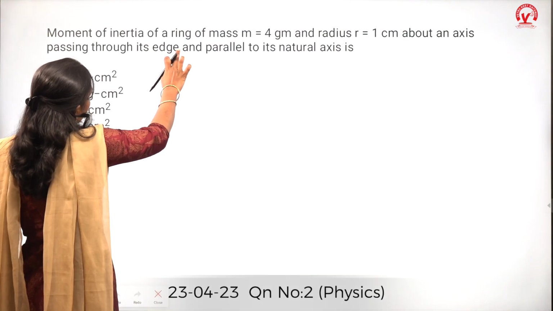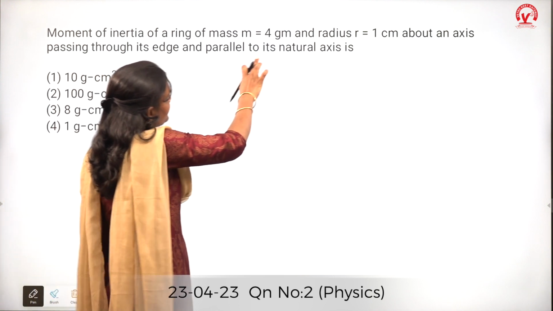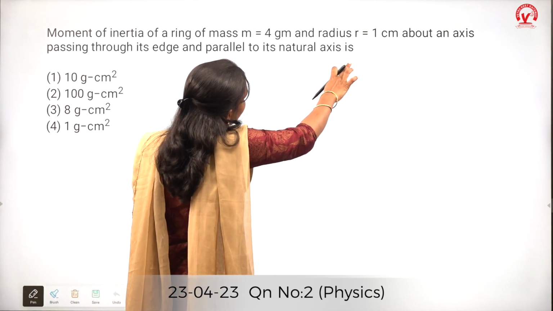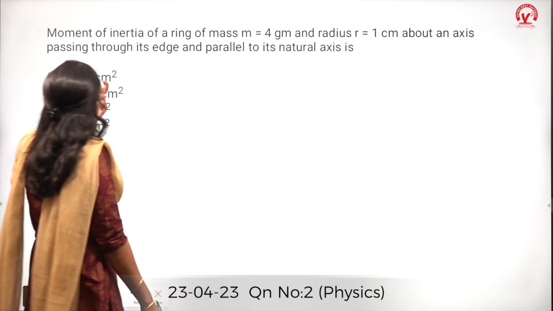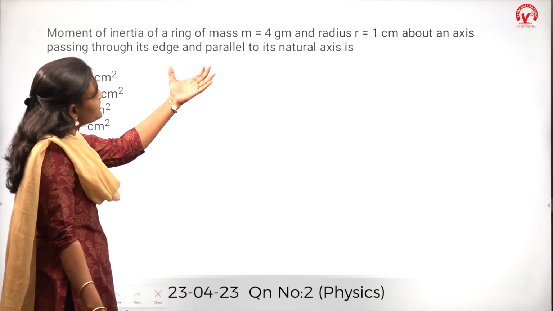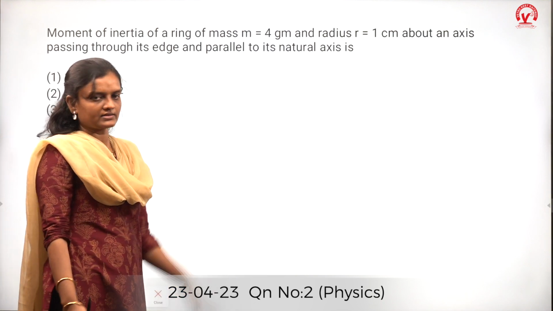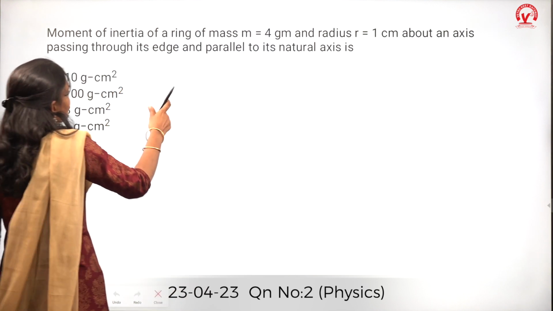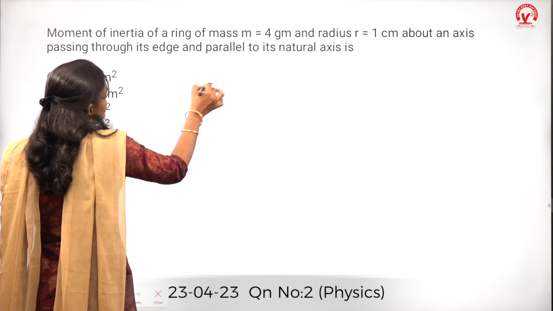Moment of inertia of a ring of mass 4 gram, radius equal to 1 centimeter, about an axis passing through the edge and parallel to the natural axis. Here I am taking this as a ring.